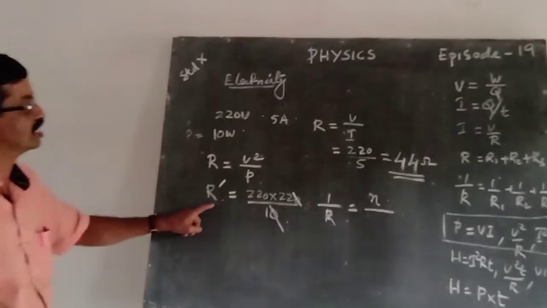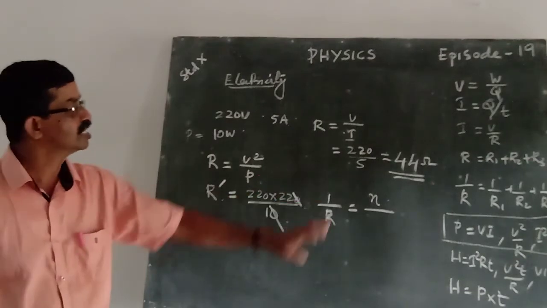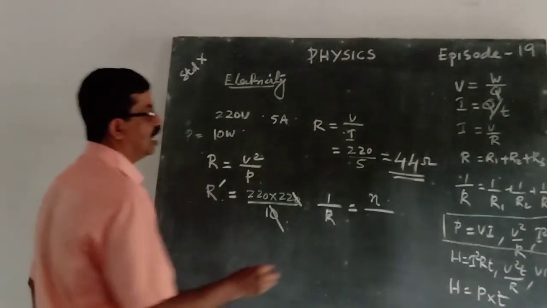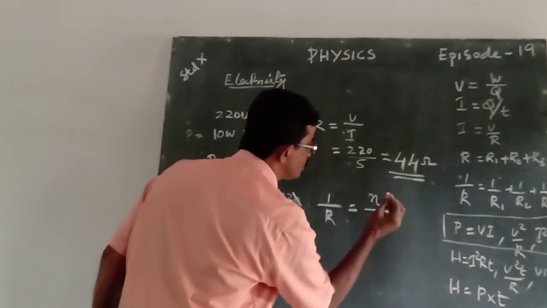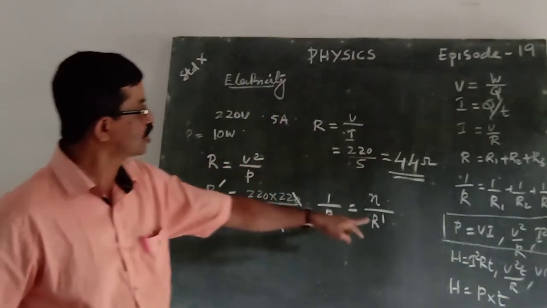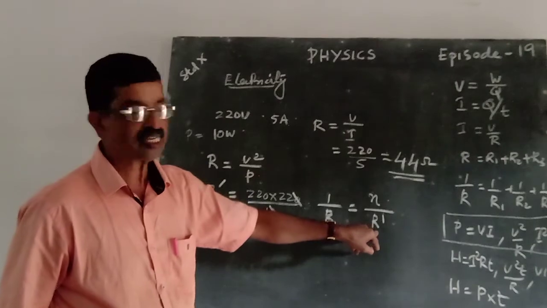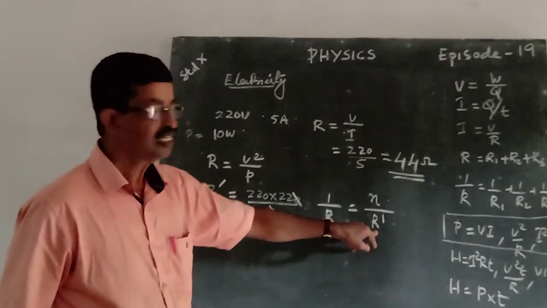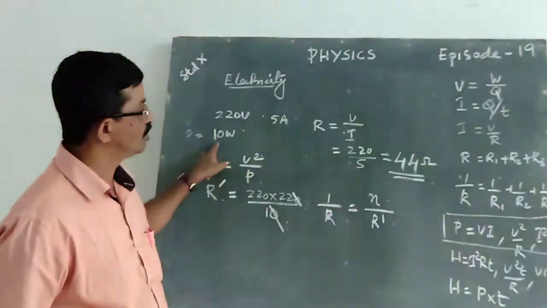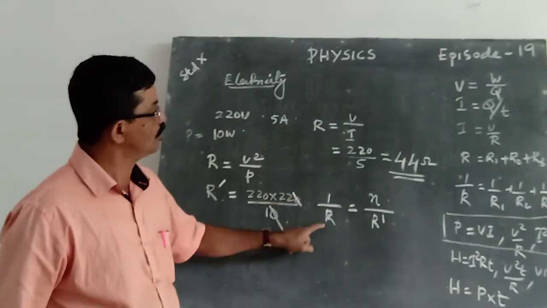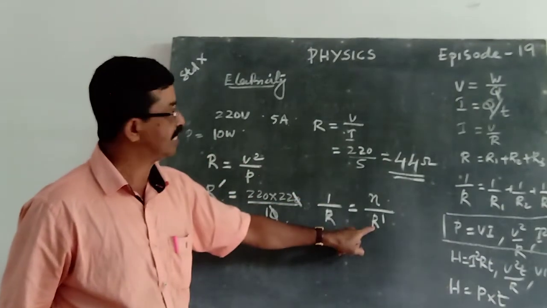R dash is the resistance of one of the 10 watt bulbs. So 1 by R is equal to N by R dash.